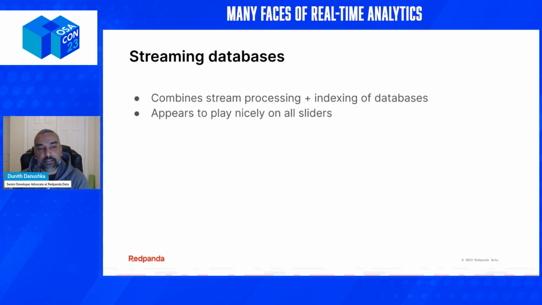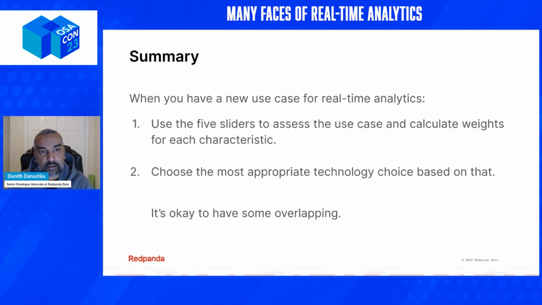The good part is these databases appear to play nicely on all the sliders. I mean, they tend to check all the boxes on the five properties we have discussed so far. But it's a fairly new concept these days, so we need to wait some time for them to mature. All right, let me recap what I have discussed so far.